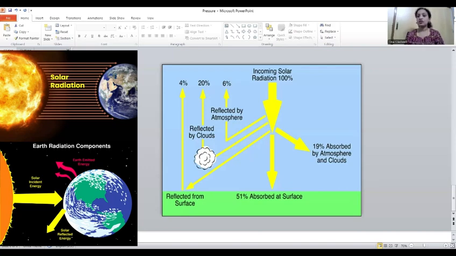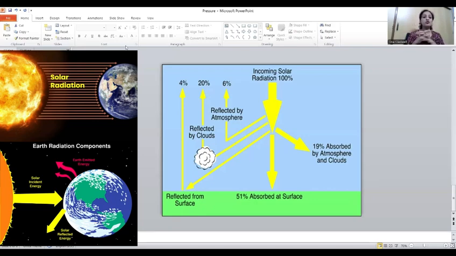So, what is our takeaway? These processes involve the transfer of heat through molecular movement, through horizontal air movement, and radiation from the Earth's surface to the atmosphere.